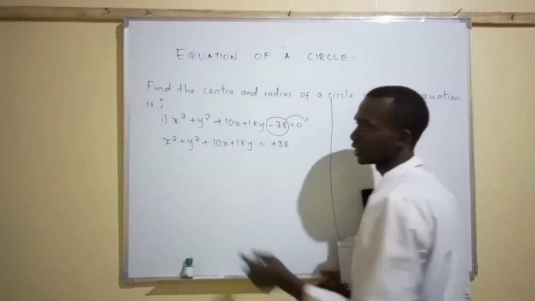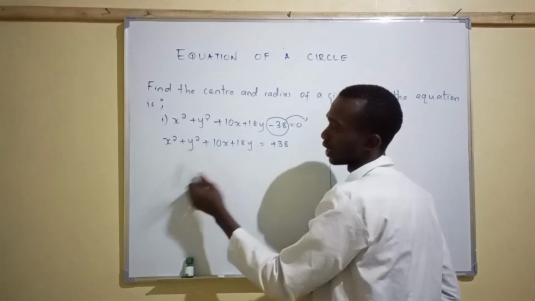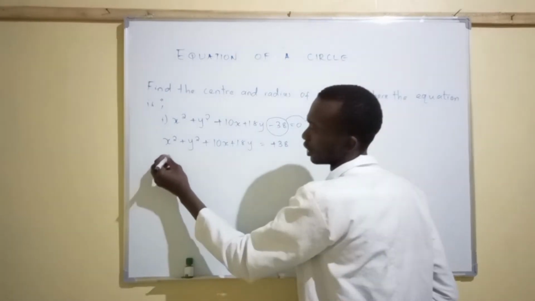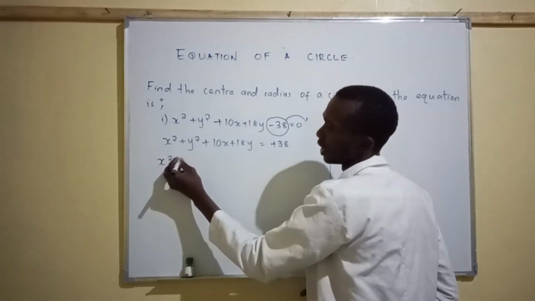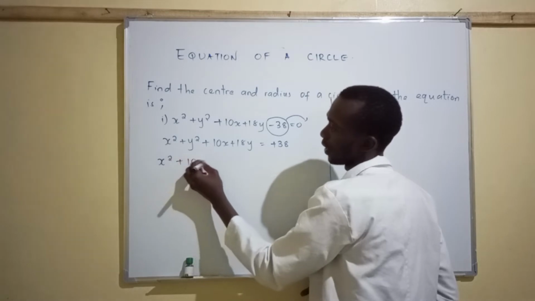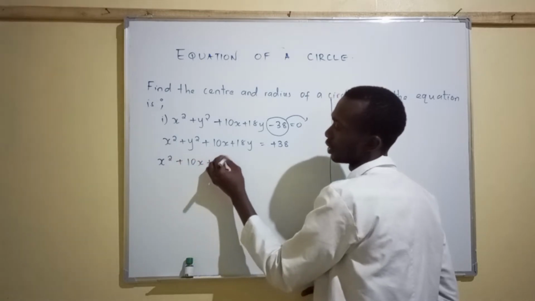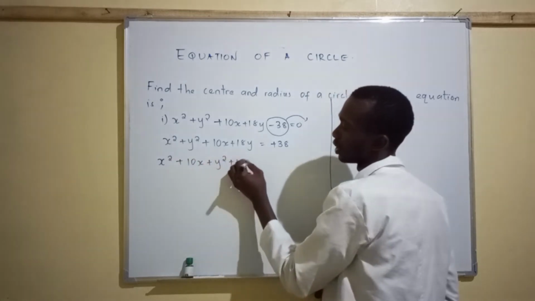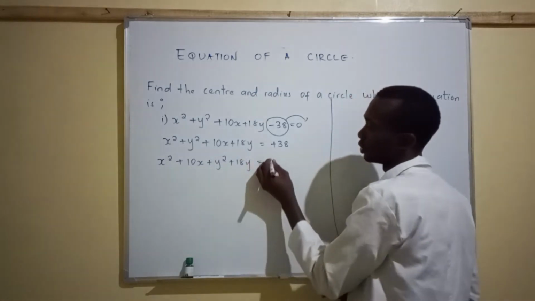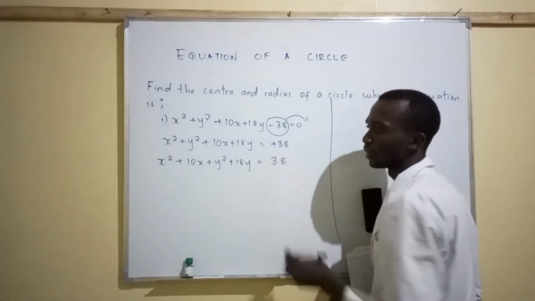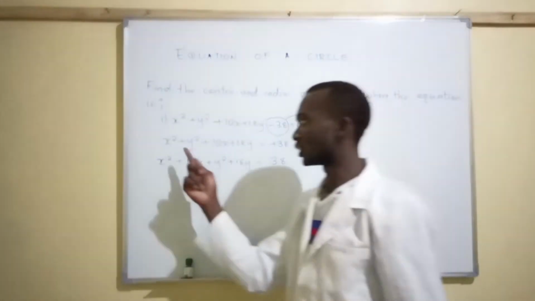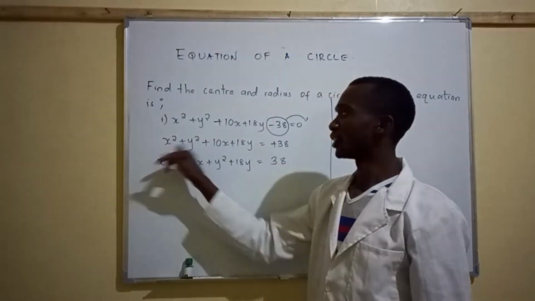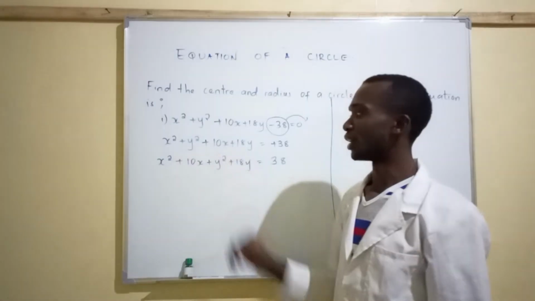Now, to collect, we bring the x terms together. That is the second procedure: x squared plus 10x plus y squared plus 18y is equivalent to 38. So I brought the x's together, and the y's together.